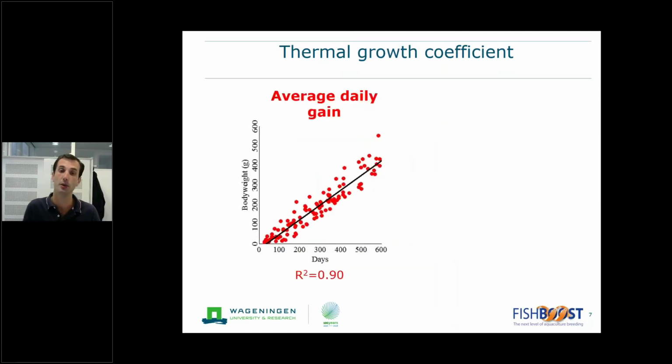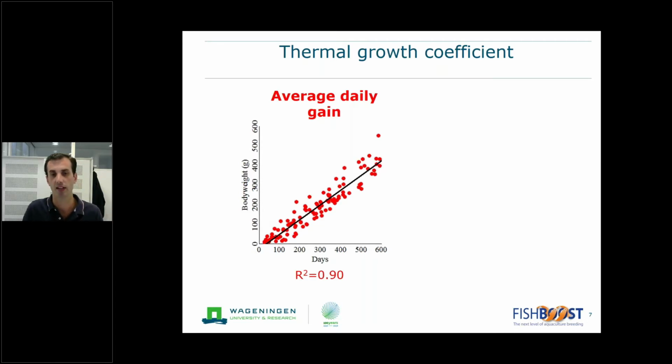So here I will show you how this model with thermal growth coefficient actually provides a more accurate description of growth in fish than average daily gain. These red dots represent mean body weight data from sea bream in cages. And these data come from Andromeda.